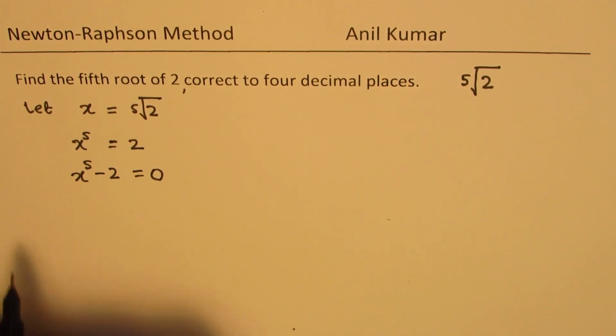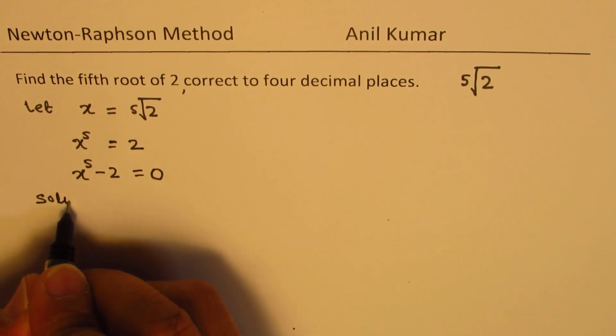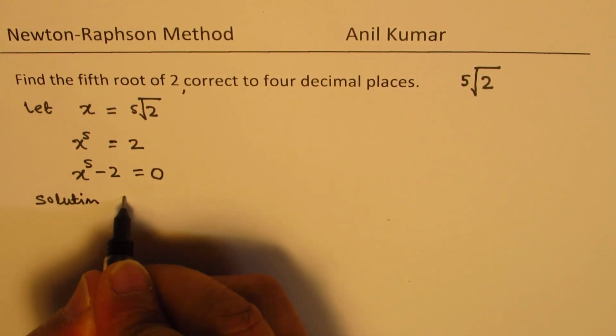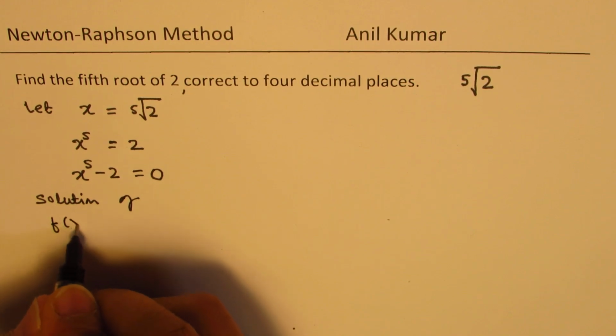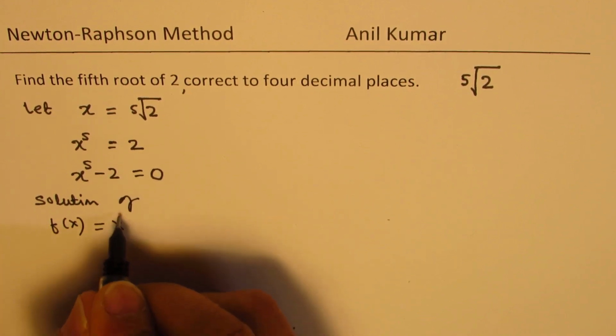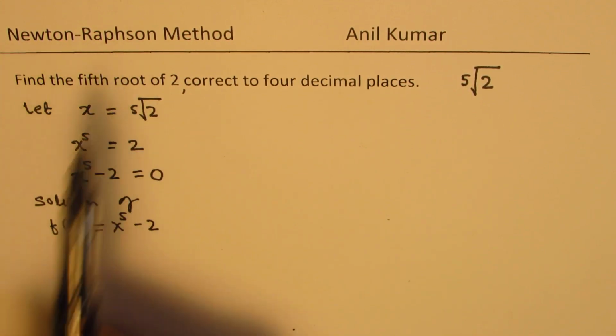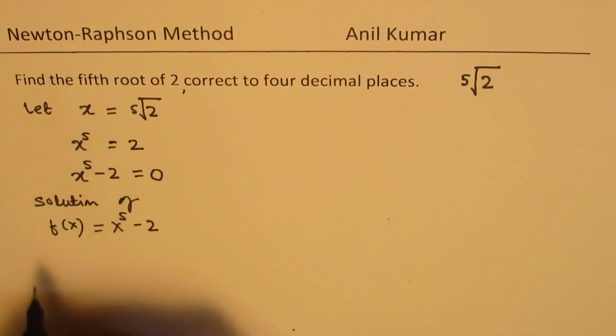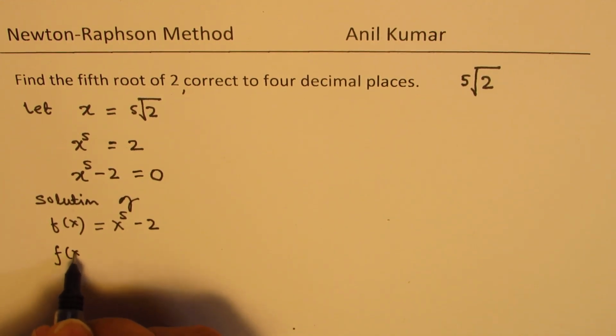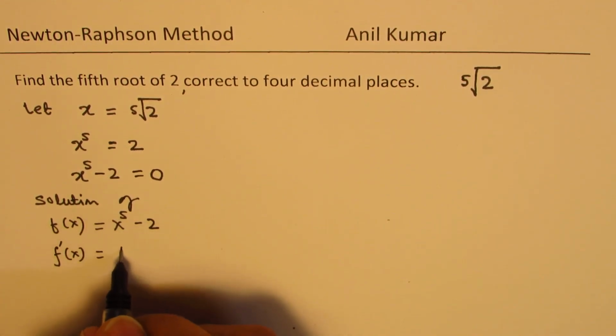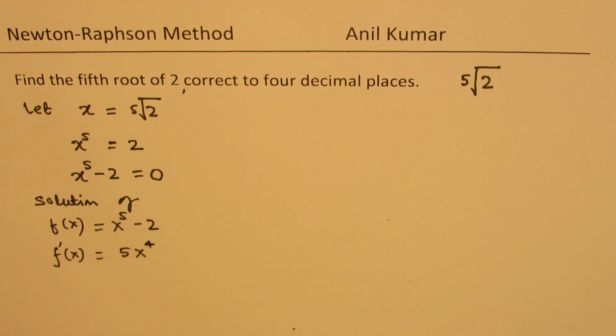So we are actually looking for the solution of f of x equals x to the power of 5 minus 2. Is that clear? Okay. So we'll use the Newton-Raphson method to find the solution. We also need the derivative of this function, which is 5x to the power of 4.